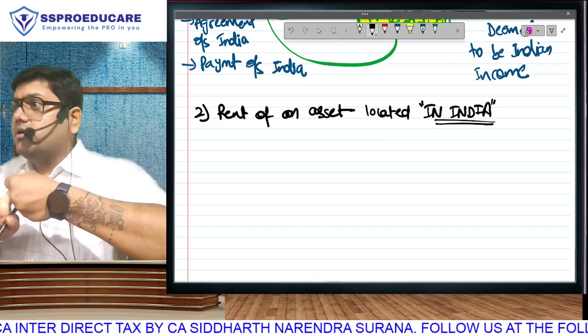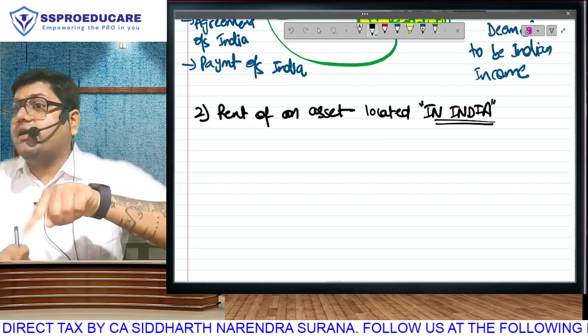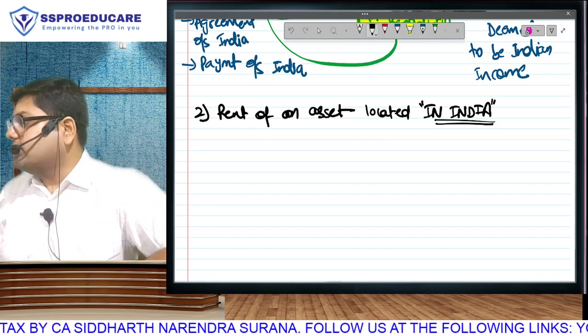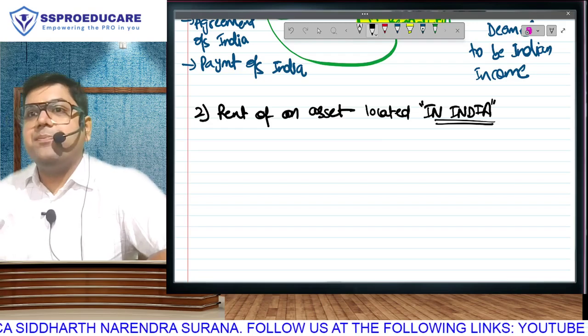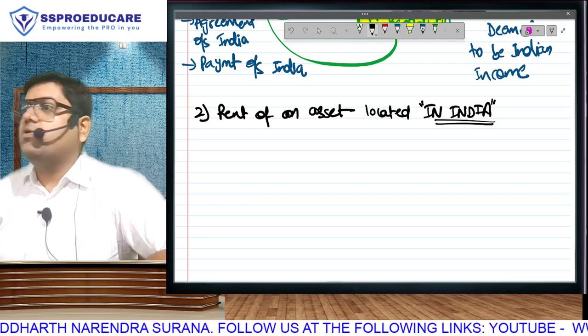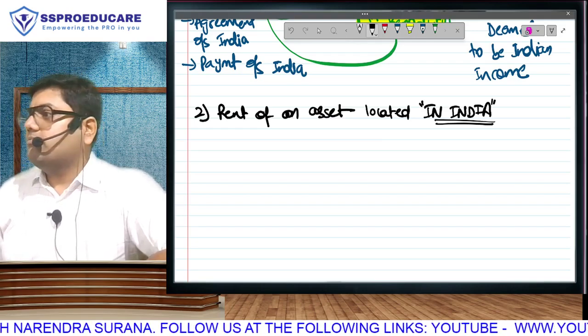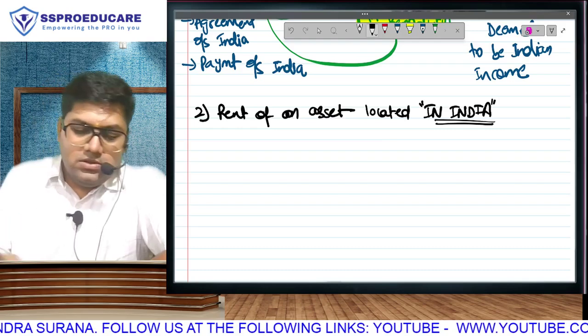One, the receiver of income has to be non-resident, because if the receiver of income is resident, we are not concerned about whether it is Indian income or foreign income. And second, the payment has taken place outside India, because if the payment takes place in India, again we don't have to deem any income as Indian income. It is already by default Indian income. Correct? Third income.